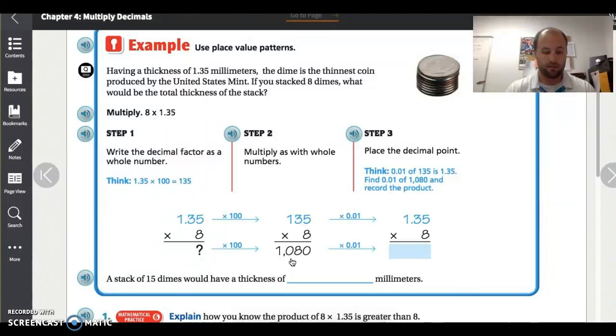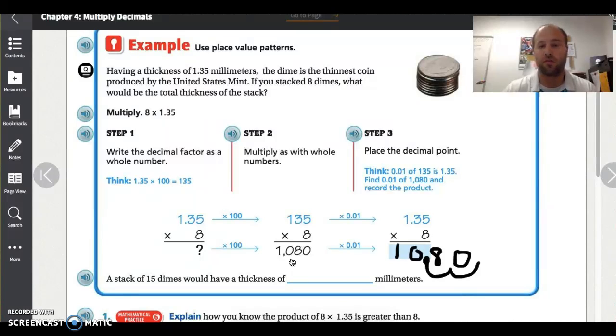Keep that in mind, because after we solve this, you get 1080. I'm going to go to my board here. So we get 1080, and we have 2 place values to the right of the decimal, the 3 and the 5. That tells us how many hops we need to hop at the end of our problem. So 1 hop, 2 hops. There it is. If there was only 1 number, we'd hop once. If there were 2 numbers, we'd hop 2.